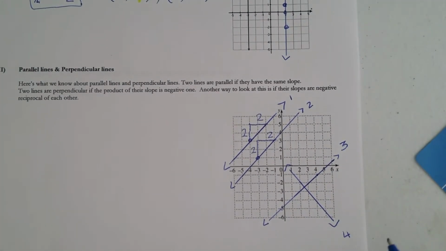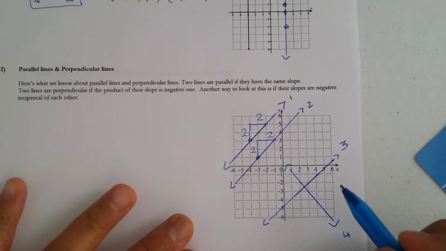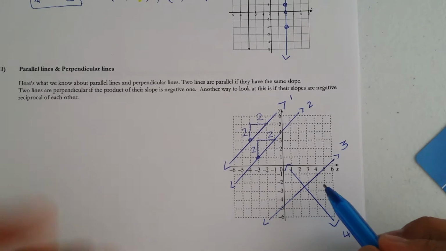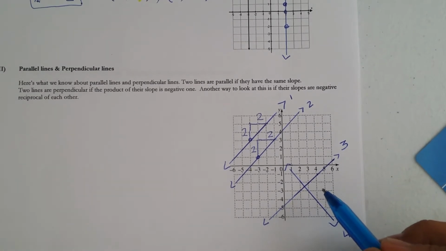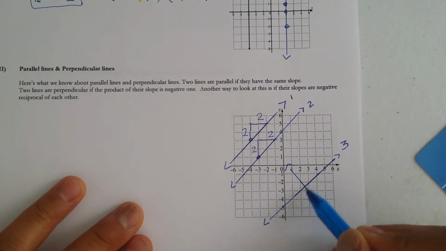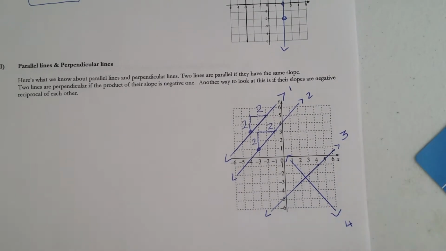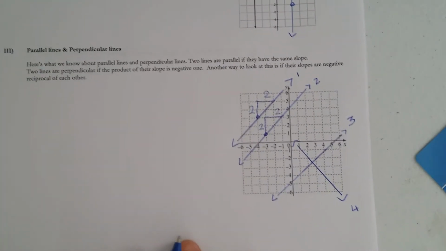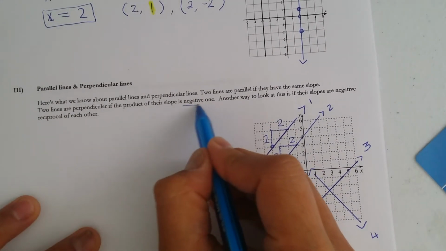Notice that when they're perpendicular, their slope is not the same, obviously, but there's one special characteristic. If you look at the slope of the first line and the slope of the second line, if you multiply them together, the product will be -1.